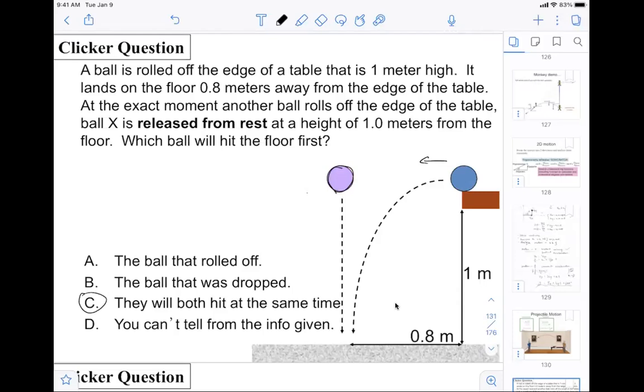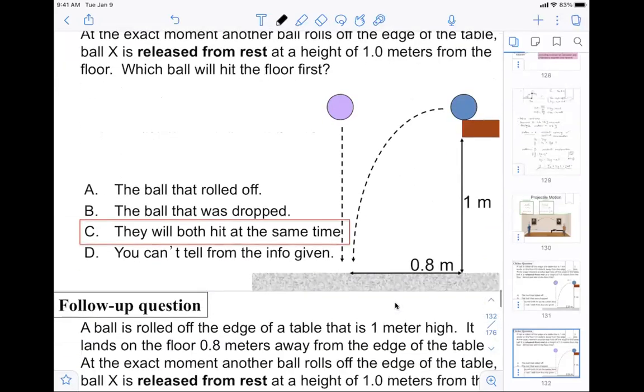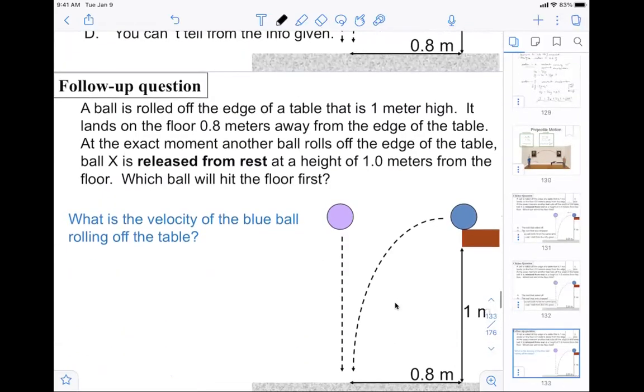Whatever it does in the y does not affect the x. So if they are falling from the same height at the same time, of course, they will reach the ground at the same time. So C is the correct answer. It's very similar to the monkey problem that we did previously.